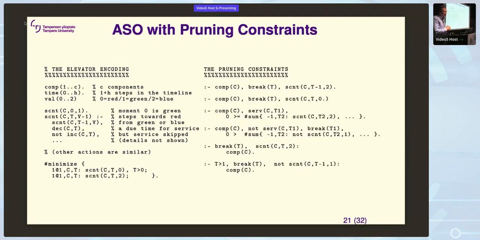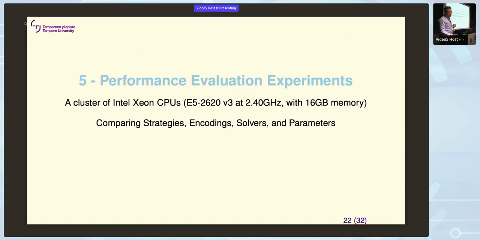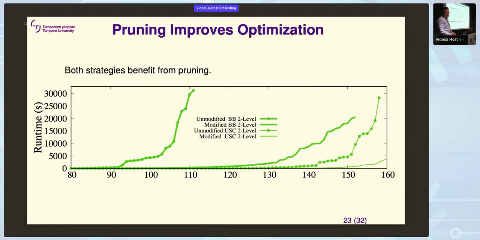And then we just added these pruning constraints to each of our encodings. So we have 6 pruning constraints for each of those. And we then performed experiments with a cluster of CPUs. The first observation was that when we used the clasp solver, we compared the branch and bound optimization strategy against the unsatisfiable core strategy.